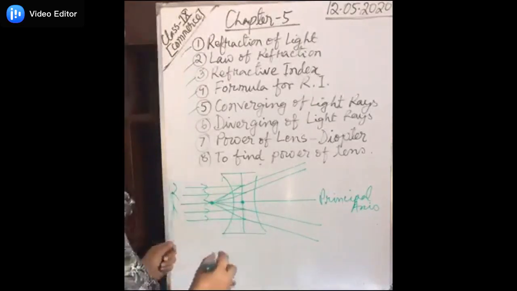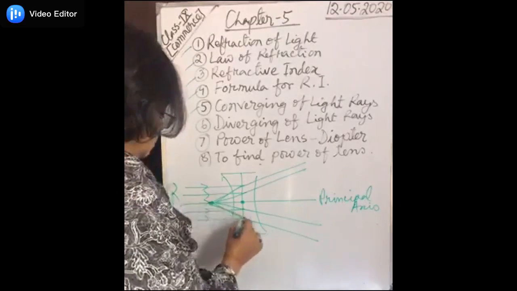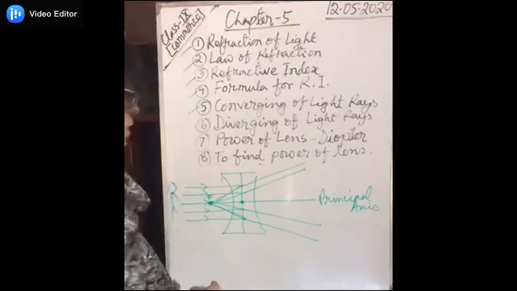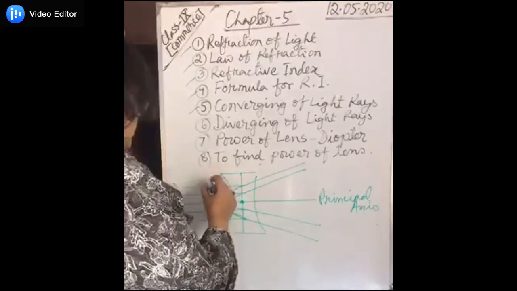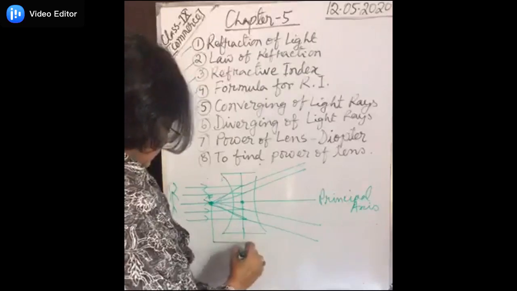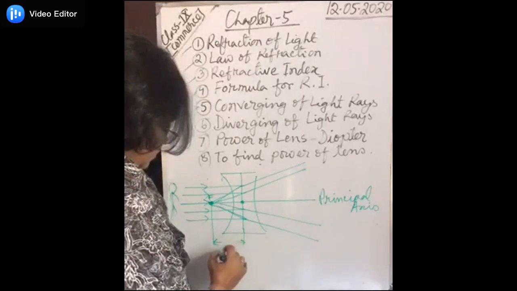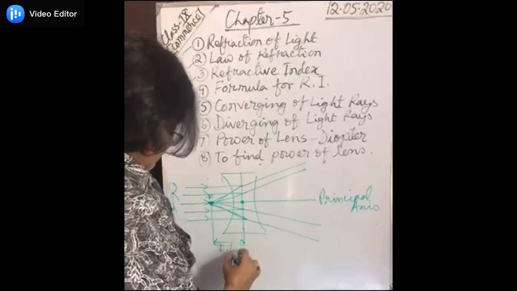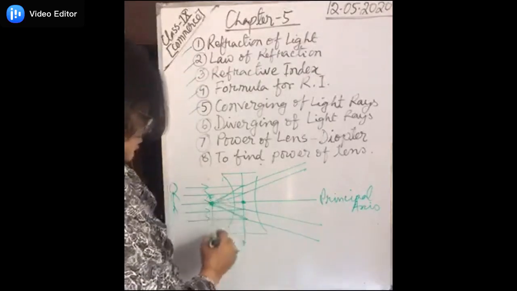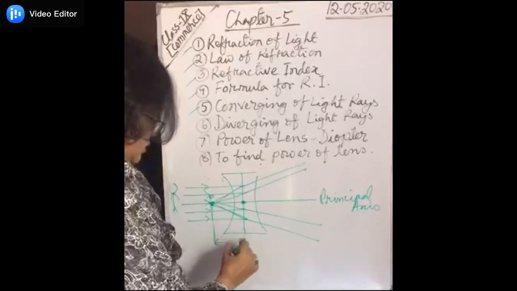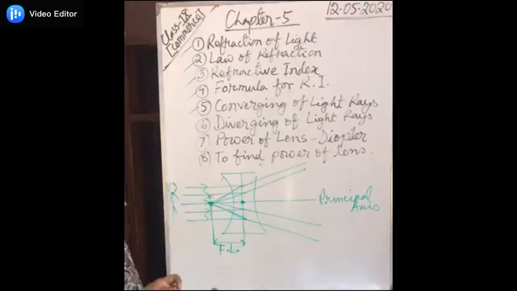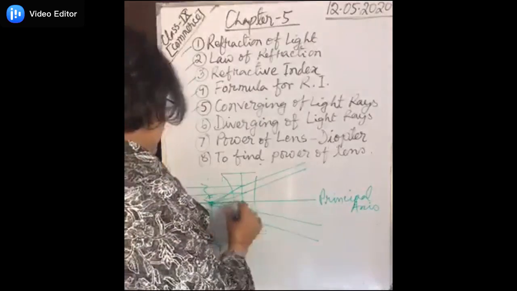This point is called the focal point, and the distance between this and this is called the focal length. Here, the distance from the optical center to the focal point is called the focal length. And this is called the principal axis.